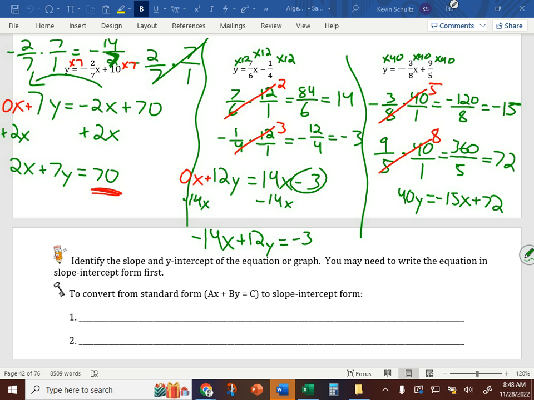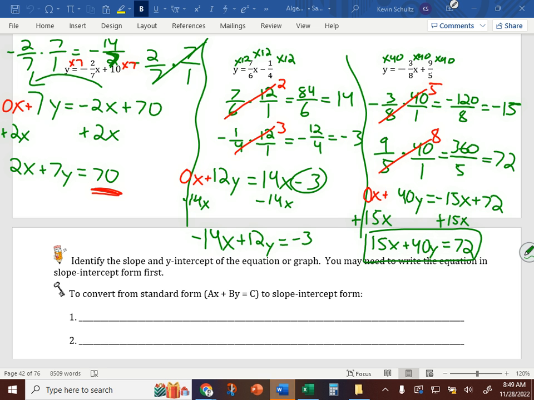Katie. And we do that by doing what? Yes. Add 15x to both sides. We currently have no x's over there. We add 15 to nothing. We get 15. So 15x plus 40y equals 72 is our answer.